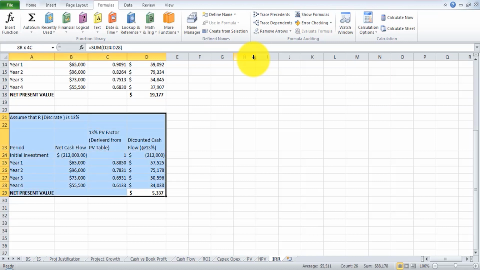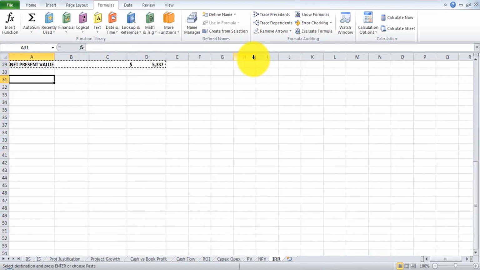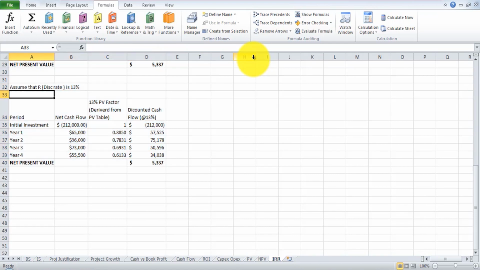Now let's increase it marginally, let's say by just 1%, and now we'll put the discount rate at 14%. Discounted cash flow at 14%.